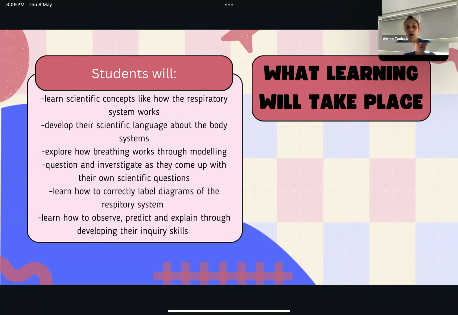Students will explore how breathing works through their model. They will question and investigate as they come up with their own scientific questions when they pose them. Students will learn how to correctly label diagrams of the respiratory system. And students will also learn how to observe, predict, and explain through developing their inquiry skills.